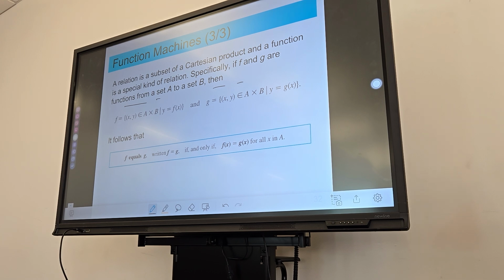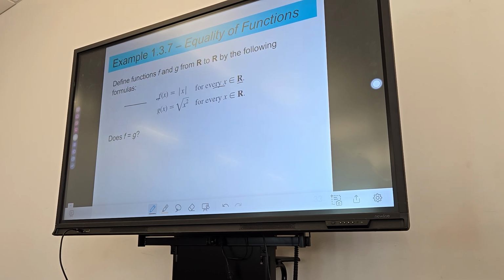As an example, define the functions f and g from R to R by the following formulas. F of x equals the absolute value of x. G of x equals the positive square root of x squared for each x that is an element of R. Does f equal g?